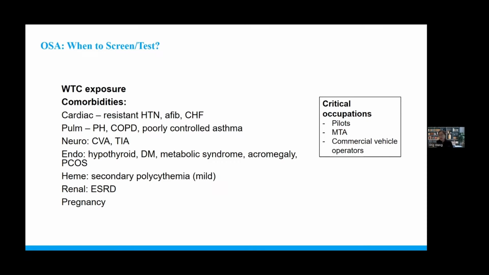Usually these patients will have mild polycythemia or erythrocytosis. And they do typically undergo sleep testing just to evaluate for any sleep apnea, but also comorbid things like hypoxemia and hypoventilation. Also very common, sleep apnea has been described in patients with end-stage renal disease, maybe related to volume issues, but certainly important to ask about that.